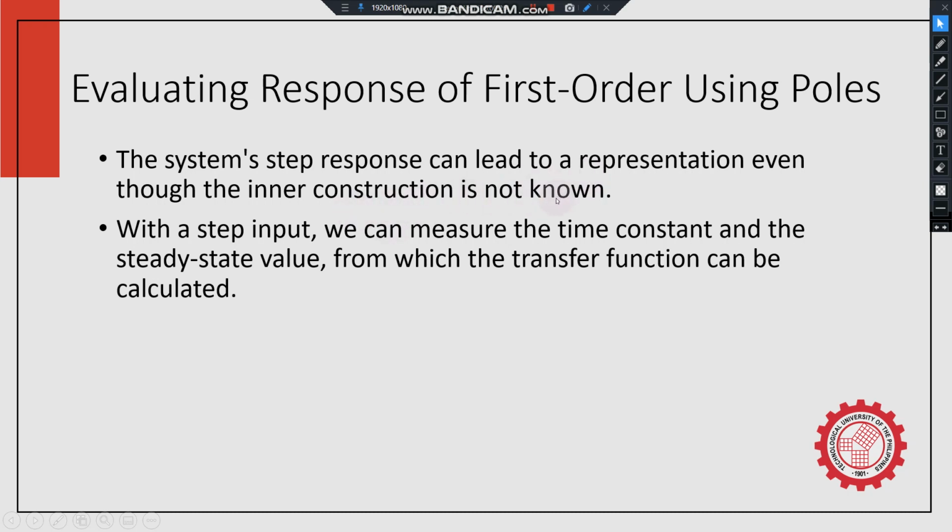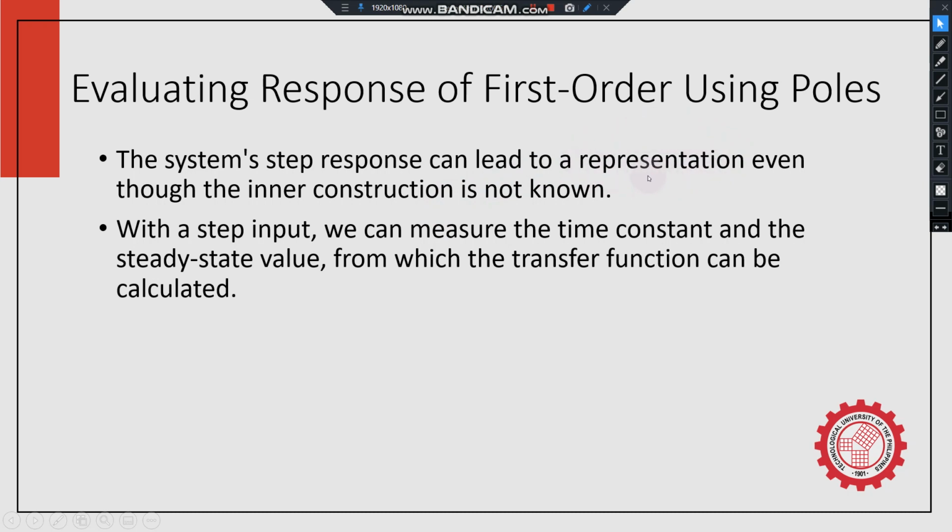In other words, kahit hindi natin alam kung ano yung system natin, kung ano yung construction niya, kung anong klaseng system siya, kung amplifier ba ito, or RLC circuit, or whatever type of system, okay, we could arrive at its representation.